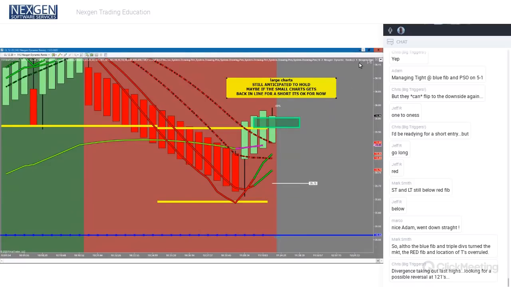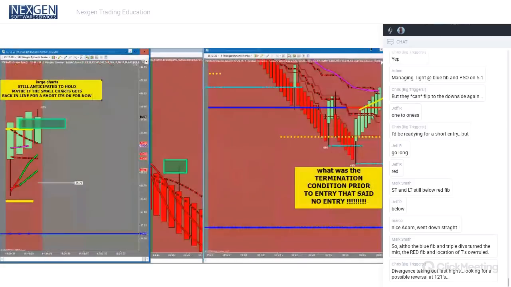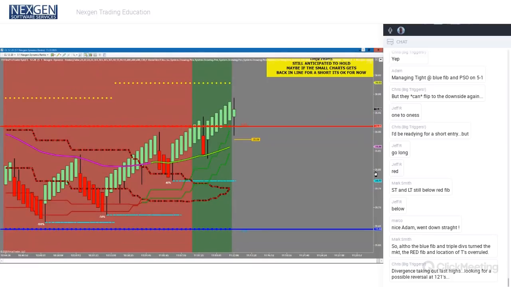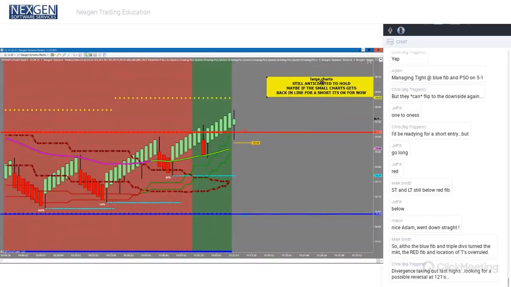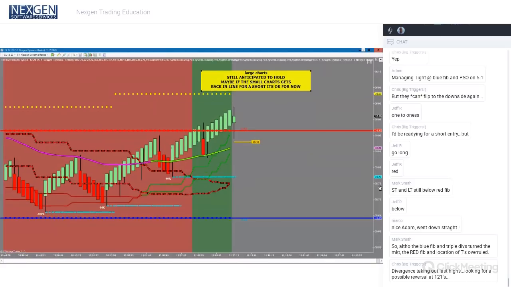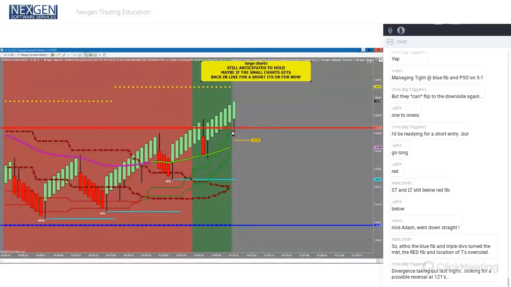Yeah, it's a whole bunch of guessing. How about when the rules are true for a short, if nothing changes, you can do a short. Then you don't have to guess. What do you think? If the rules are true for a short, you can do a short.